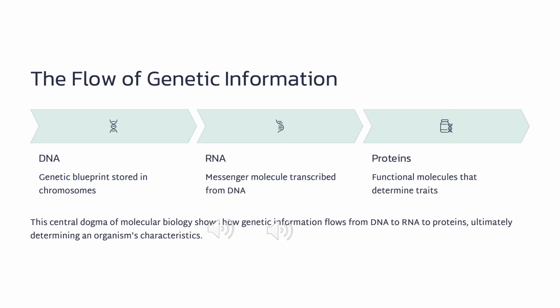I hope you could find some time to search all this information to further understand the process that explains how genetic information flows from DNA to RNA, is transcribed, and translated into protein before the trait is expressed, that is the one that you can see physically, such as your eye color, your hair color, and so on.